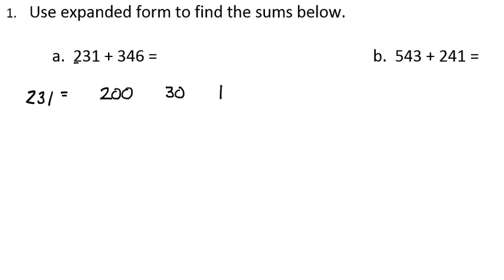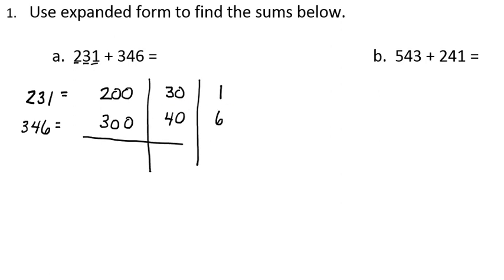I've taken each digit from the number and I've written it according to its place value. I'm going to make columns to separate those numbers. I'll do the same thing for the next addend. I have 346, which equals 300 plus 40 plus 6.